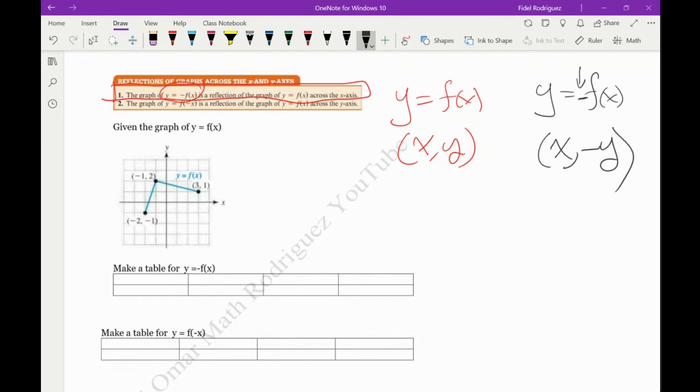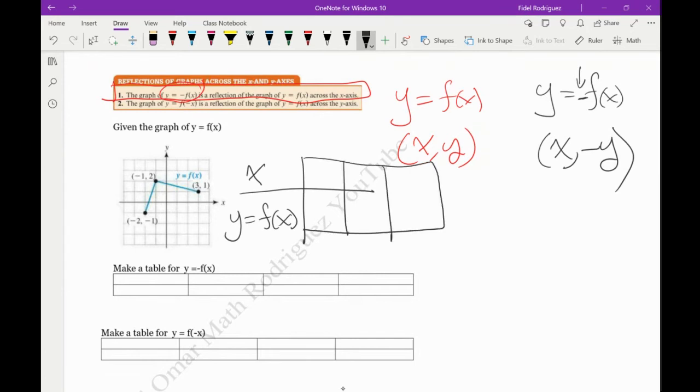So the easiest way for me to do this problem, I think, is I know we have our points labeled here, but let's make a little chart, like a little table for it, okay? Now we have 3 points. So the first point is when x is -2, y is -1. The second point is when x is -1, y is 2.